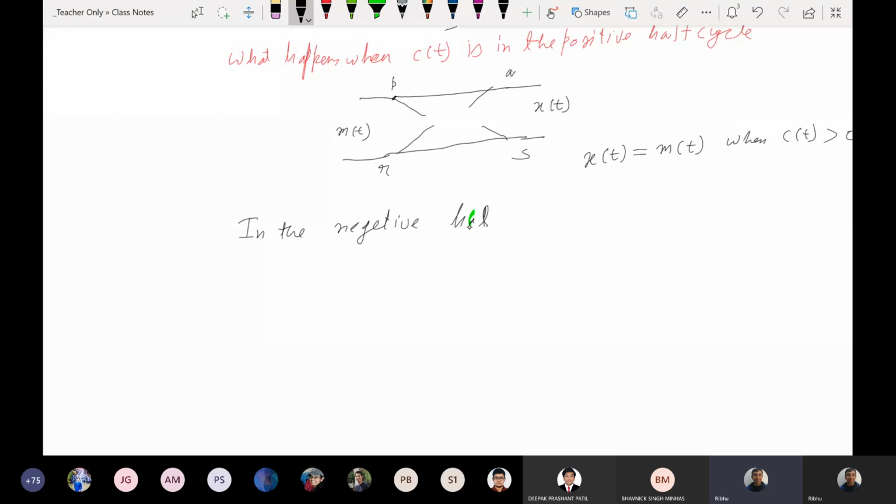Anyway, coming back. Negative half cycle.